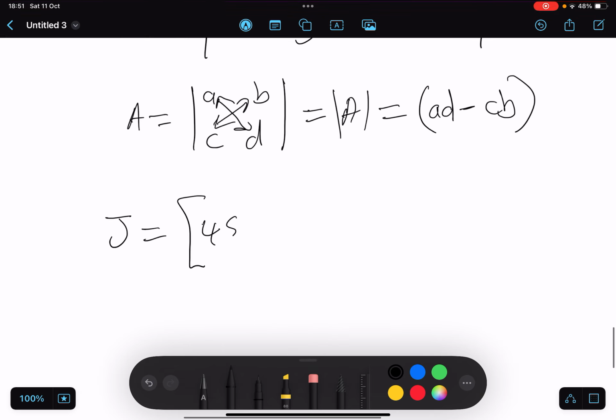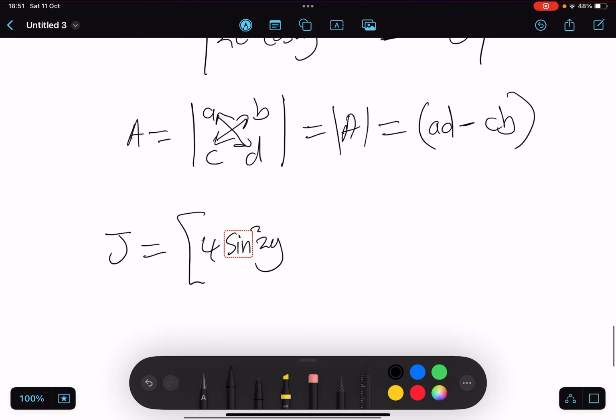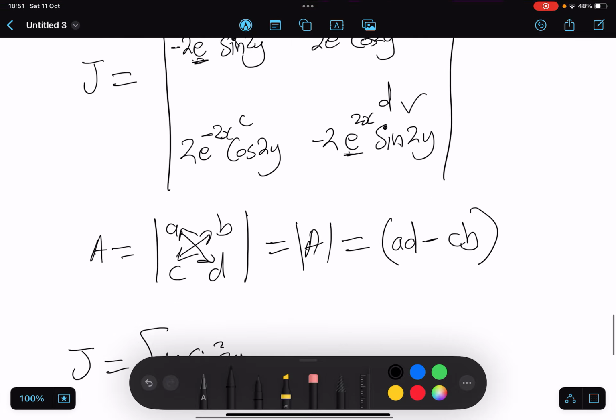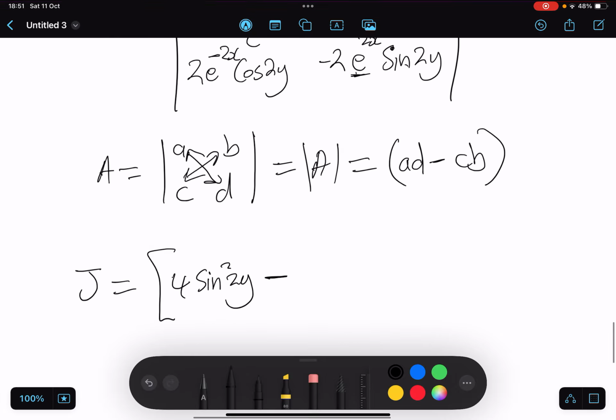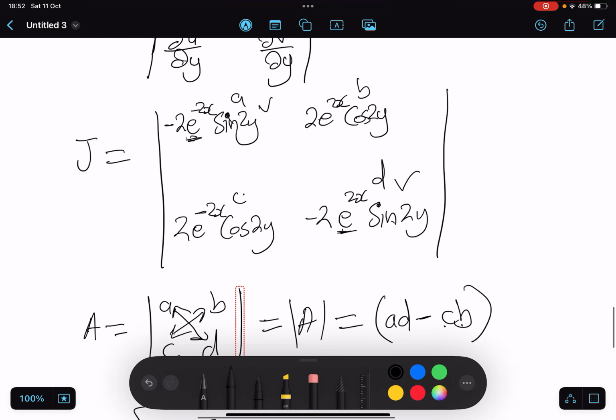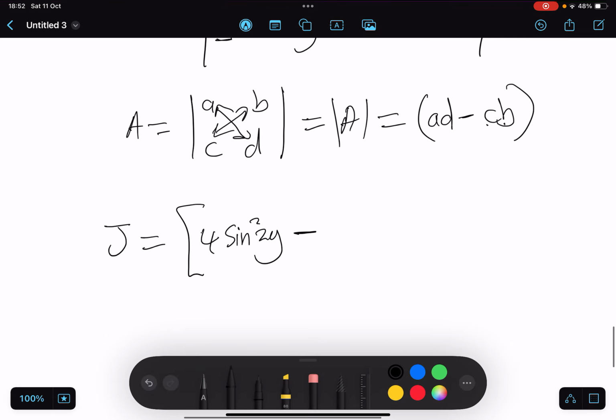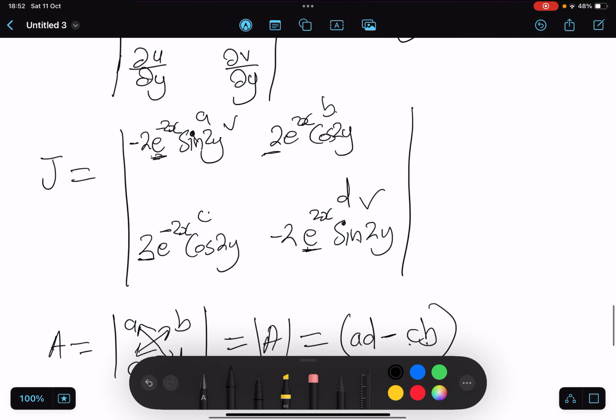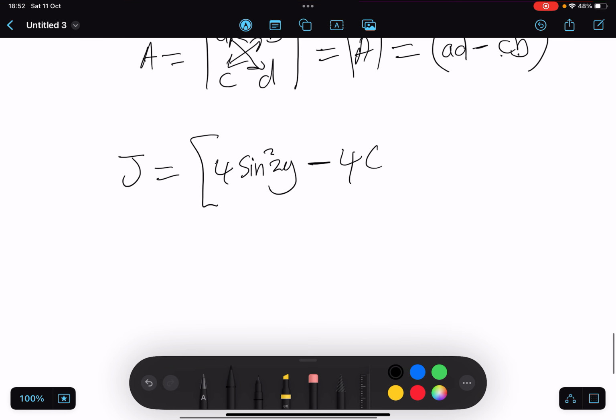So this is going to be 4 sin squared 2y, because we're multiplying this. Then minus cb, when you're multiplying c and b, obviously 2 times 2 is 4, and then we are multiplying the exponentials, which means we add the powers. It's going to be 0, and e to the power 0 is 1, and then you multiply the trigonometric functions, which gives cos squared 2y.